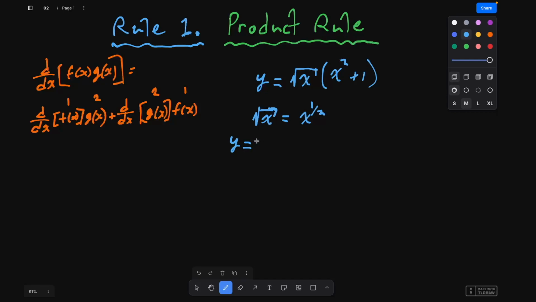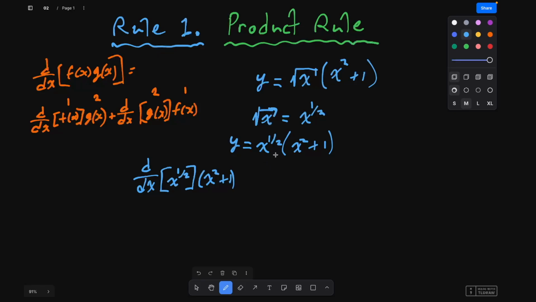We have y equals x to the 1/2 times x squared plus 1. Now let's set this up for the product rule. We have the derivative of the first, x to the 1/2, times the second, x squared plus 1.